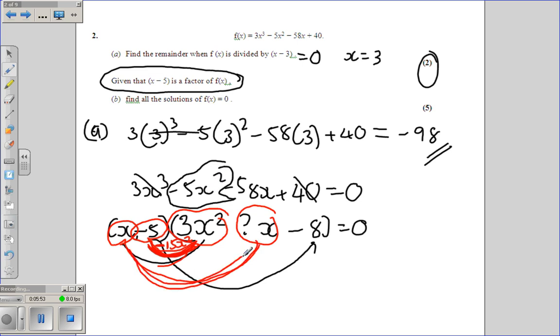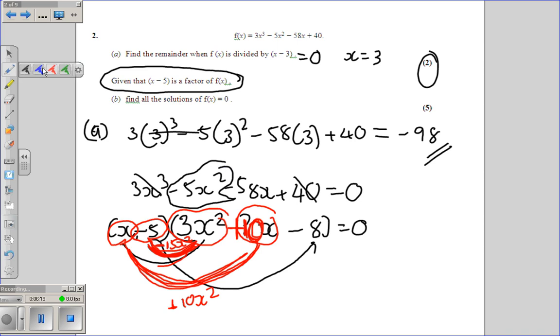If we need positive 10x squared, that means x times something x has to be positive 10x squared. This must be positive 10. Check again with the x squareds: 3x squared times minus 5 is minus 15x squared, and a positive 10x times an x gives us positive 10x squared. So that all together gives us minus 5x squared.